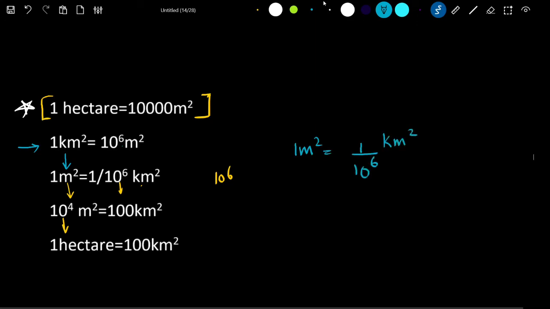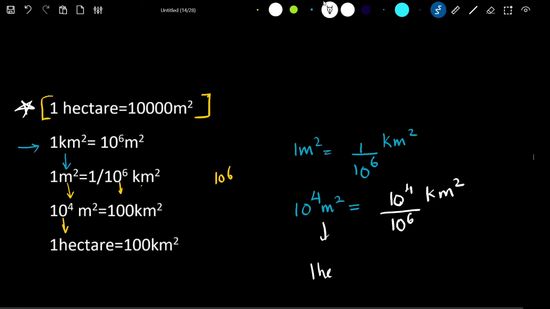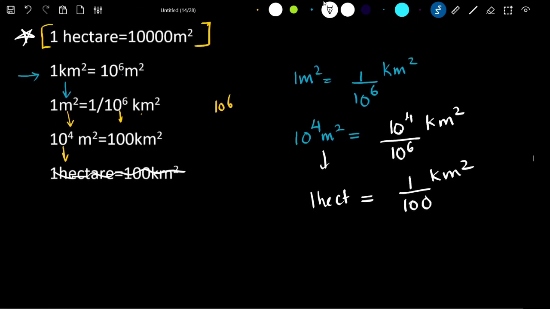And here I can write 10 raised to 4 meter square as 10 raised to 4 by 10 raised to 6, that much kilometer square. So 10 raised to 4 meter square, which is equal to 1 hectare, is equal to 1 by 100th of a kilometer square, or so you can write 1 kilometer square is equal to 100 hectares.